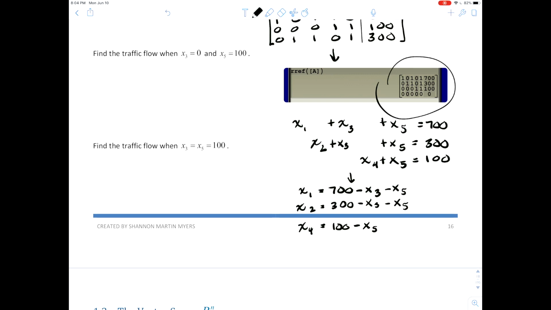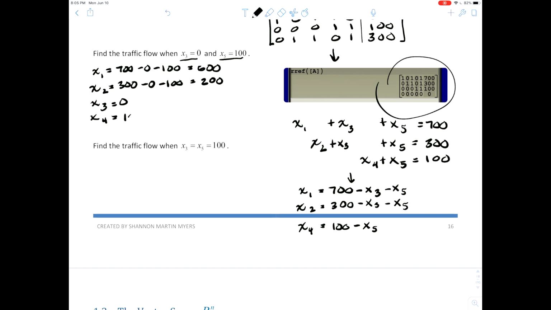So the traffic flow in this case will be, well, x1 would equal what? 700 minus 0 minus 100, which is 600. x2 will equal 300 minus 0 minus 100, which is 200. x3 will be 0. x4 is, because that was given, going to be 100 minus 100, which is 0.